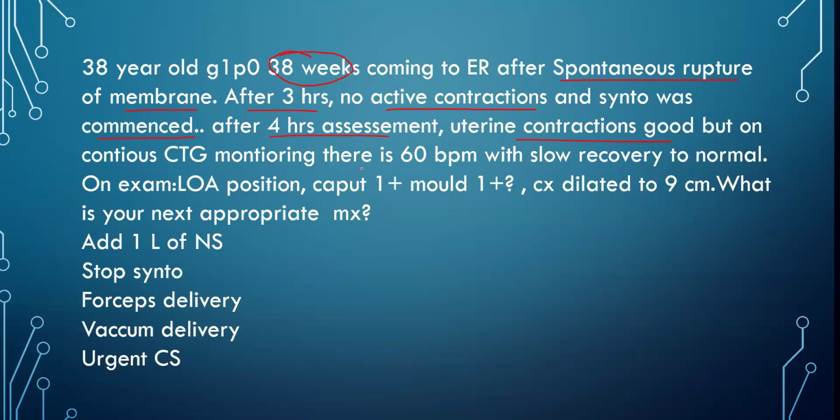But with continuous CTG monitoring, CTG is like baby's heart monitoring, we will discuss CTG later on, there is a heart rate of 60 beats per minute and slow recovery to normal. On examination, left occipital anterior position, caput 1, molding 1, cervix dilated to 9 centimeters. What is your next appropriate management? What would you do?